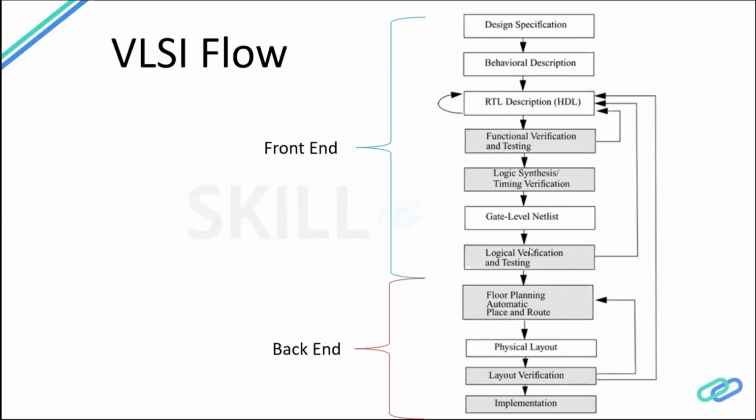Then once we think the netlist which is generated is as per the requirement, we pass it to the backend. In the backend, we have different steps: floor planning, place and route, physical layout, layout verification, and implementation.